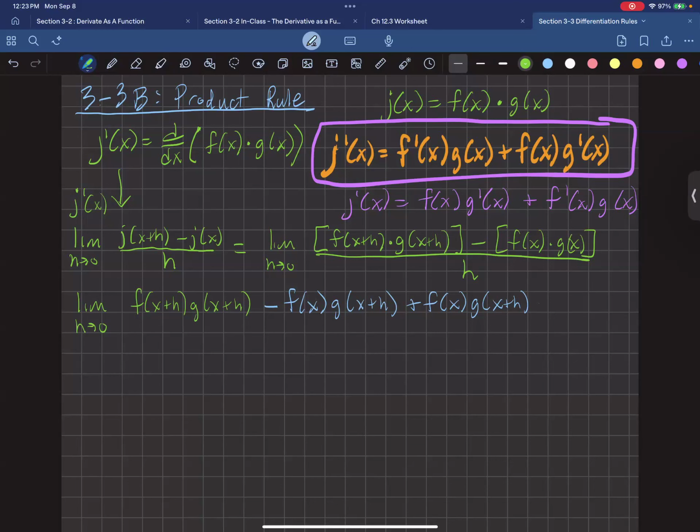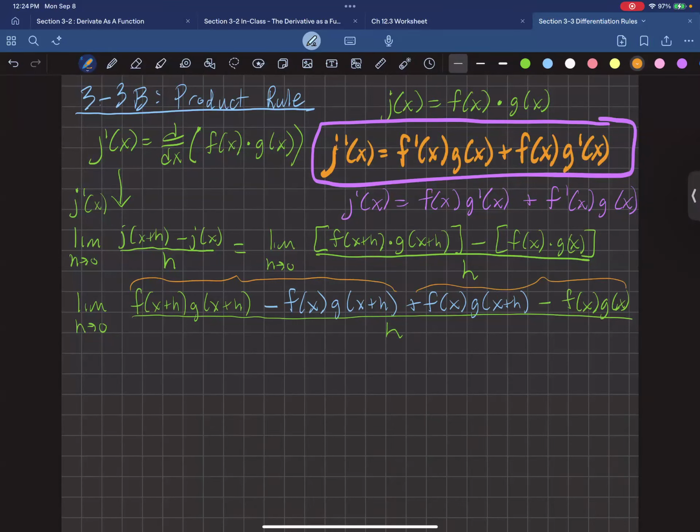And then we still have minus F of X, G of X, all over H. And now we split these up. The first two go together, and the second two go together.